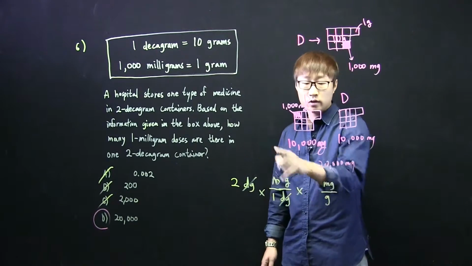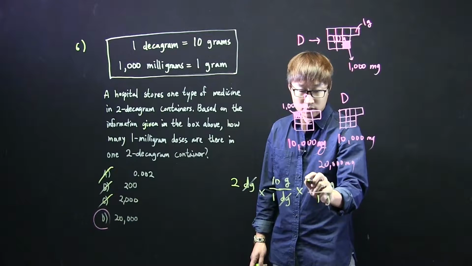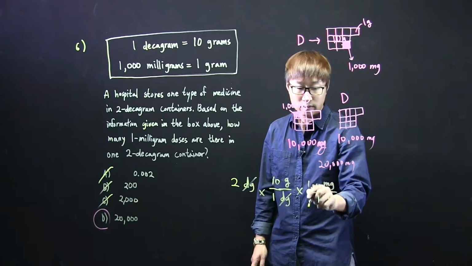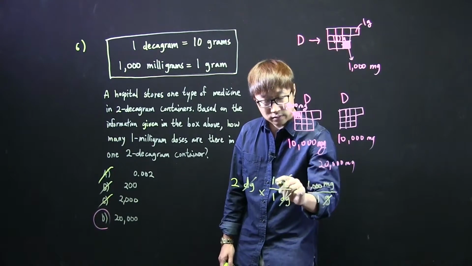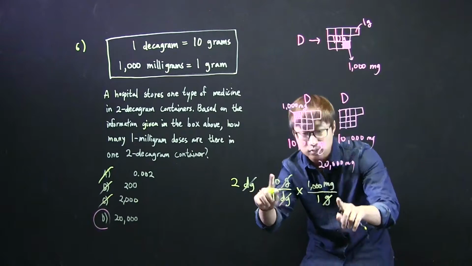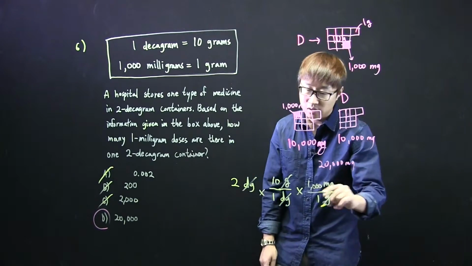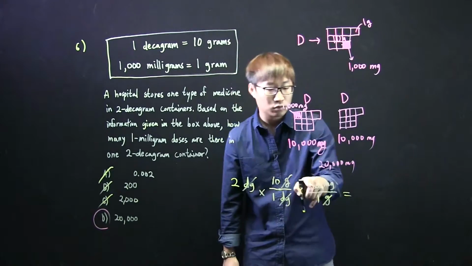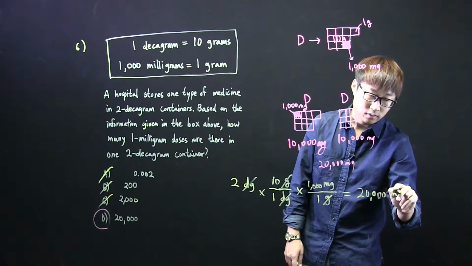I know 1 gram is equal to 1,000 milligrams according to the box here. Then I cancel out the grams, and you see how the decagrams got canceled, the grams got canceled. The only unit I have left is milligrams. So when I multiply it all out, that's 2 times 10 times 1,000, which gives you 20,000 milligrams.